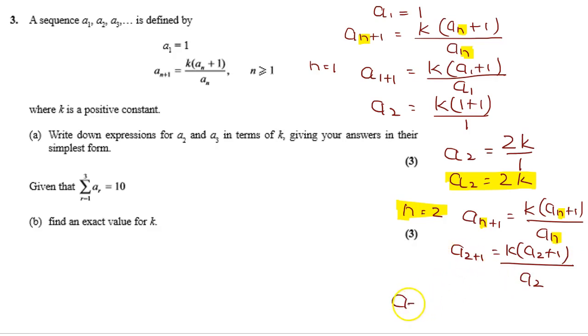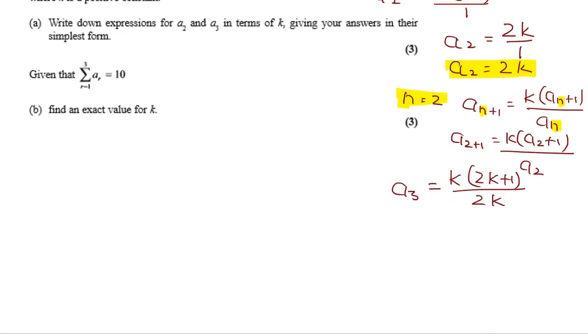So a3 is equal to k, a2 is 2k, plus 1 over 2k. So a3 will be (2k plus 1) over 2. So that is the value of a3.